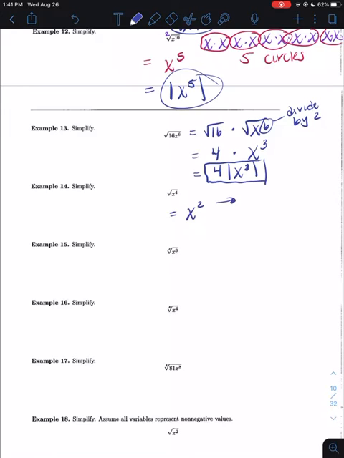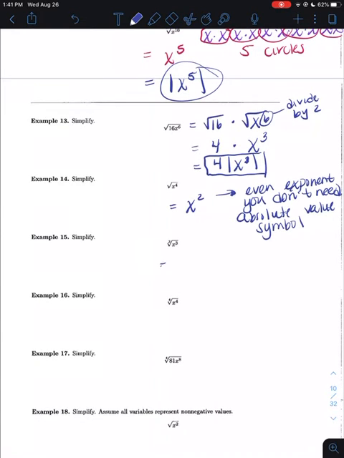But since you have an even exponent, you don't need an absolute value symbol, because if you put any number in for x and you square it, it's always going to be positive. So you don't need it.